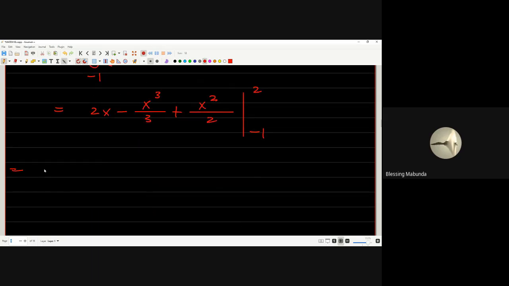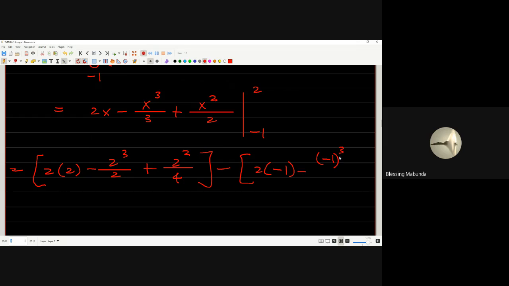And this is 2 multiplied by 2 minus 2 cubed divided by 3 plus 2 squared divided by 2, minus 2 times minus 1 minus minus 1 cubed divided by 3 plus minus 1 all squared divided by 2.